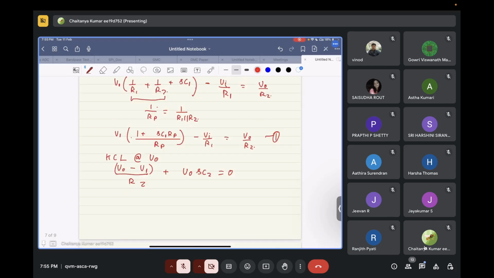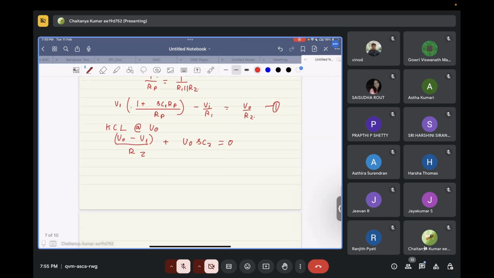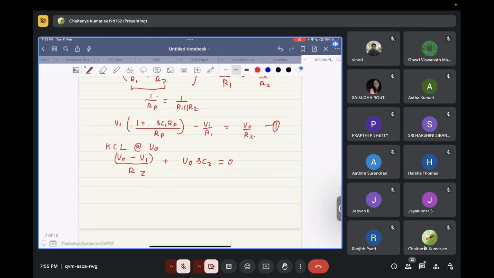So what we have now is V0 times (1 plus sC2R2) divided by R2 minus V1 by R2 is equal to 0.